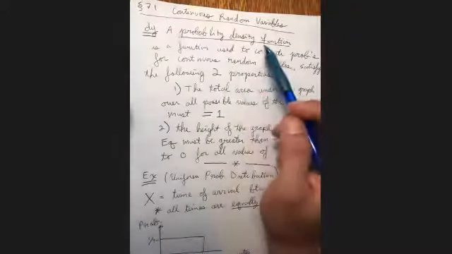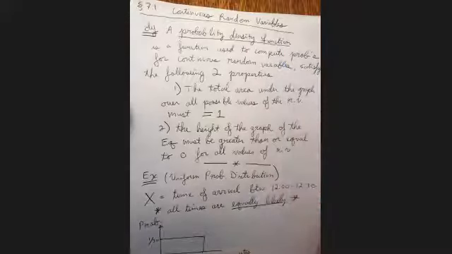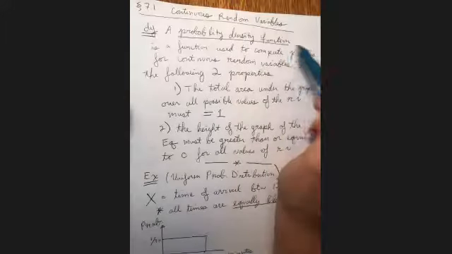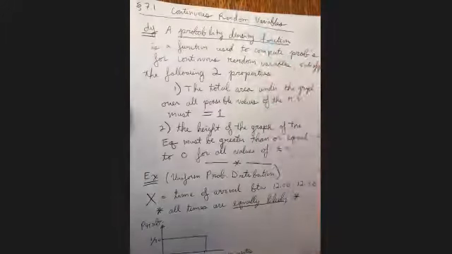So probability density functions really are just a mathematical formula that can be used to probe a particular distribution. So this function captures everything that would have been found in the table for a probability distribution.